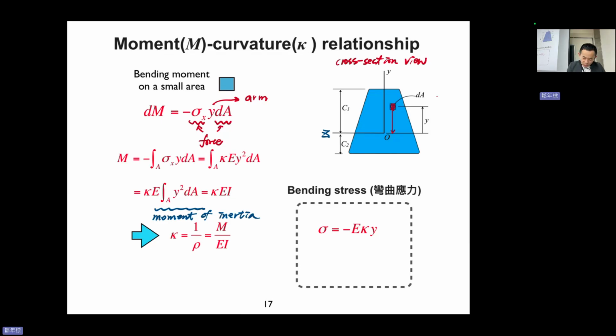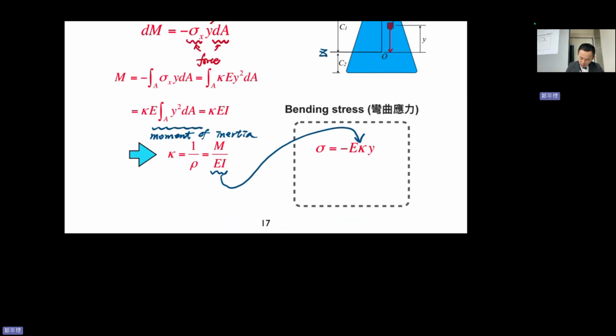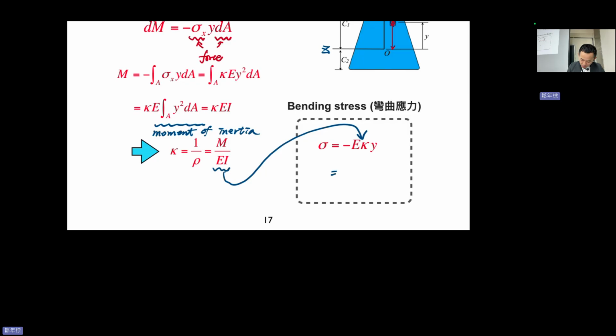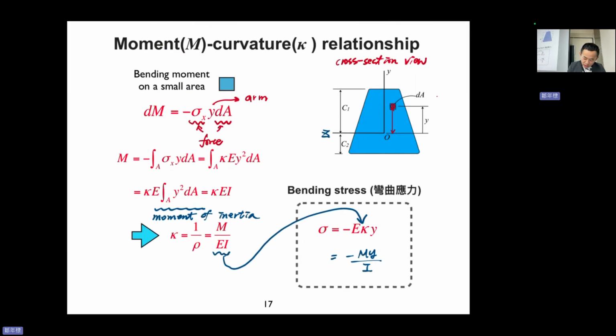And if you subject it to this kappa, sigma equal to minus E kappa y, you will end up with minus my divided by I. So this is a really, really important formula.